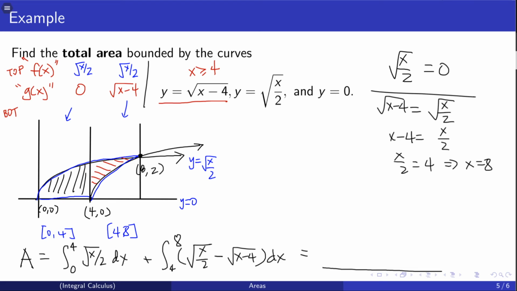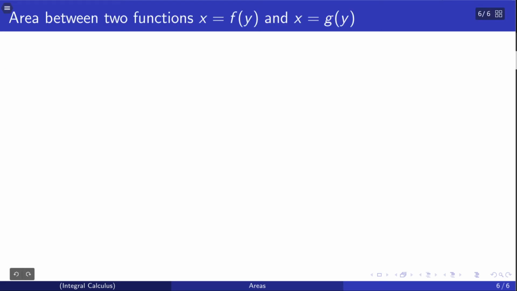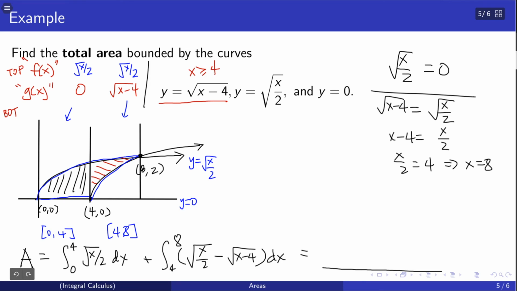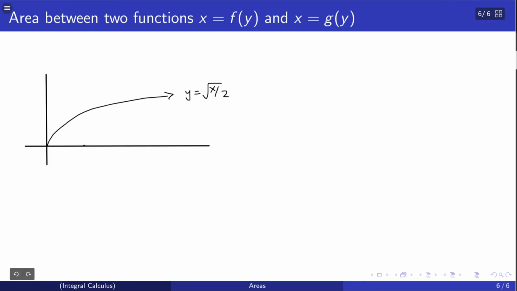But I'd like to end by considering the same problem here, where, let me just draw all those curves again. You have y equals root x over 2. What did that look like?